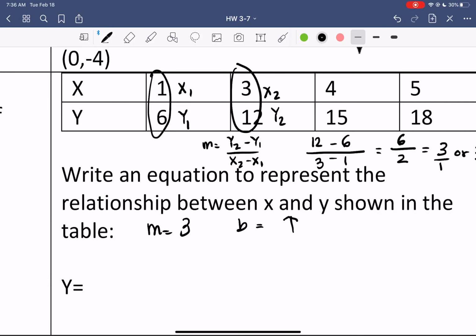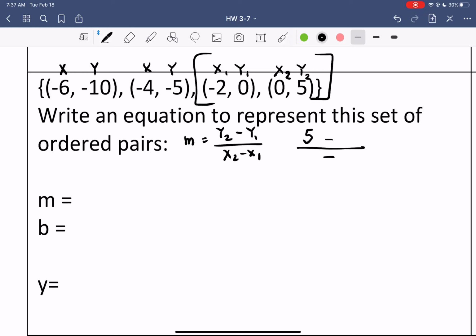I'm going to choose these 2 to find my slope. So we have y2, x2, y1, x1. Draw my line, subtraction sign. y2 is 5, y1 is 0, x2 is 0, and x1 is a negative 2.